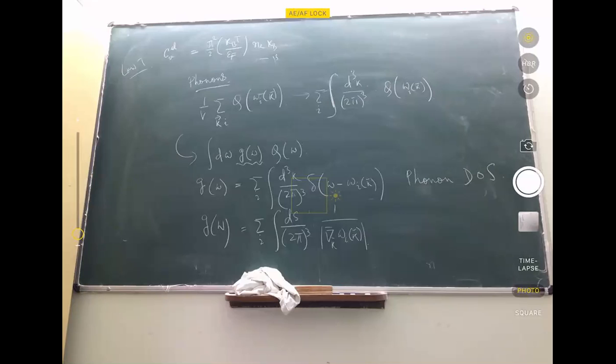So that's it about phonons, lattice vibrations within the harmonic approximation. Next time we'll see why that is not adequate and one needs to go beyond harmonic. There are very common phenomena that you just cannot explain within the harmonic approximation, and you have to go beyond that. So that is something we'll take up next time.